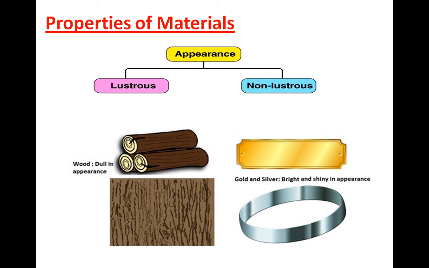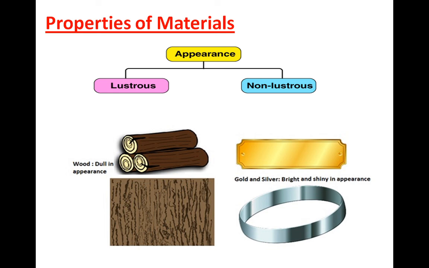Yes, the properties of materials. Many properties are there, but in this session we have learned only one property, that is appearance. Appearance means how these objects or these materials look. Are they shiny? Are they dull?